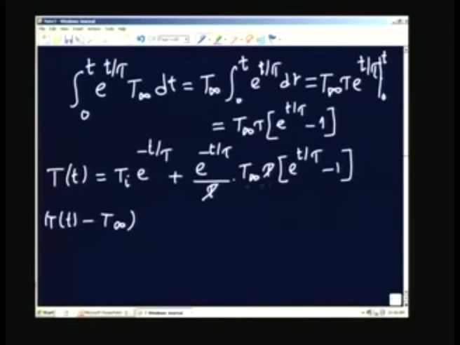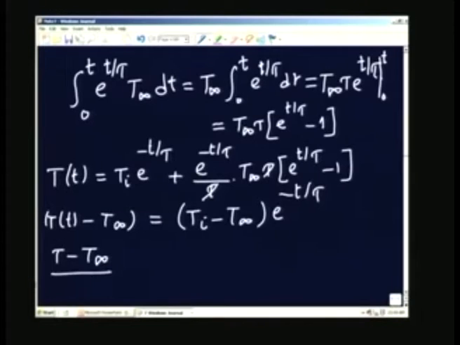So, this term will go to the left hand side, this T infinity, this multiplied by this is T infinity, that will go to the left hand side, is equal to T I minus 1 into T infinity, is minus T infinity e to the power of minus t by tau, or T minus T infinity divided by T I minus T infinity.